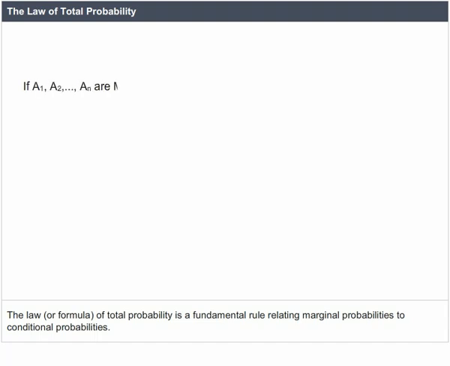The law of total probability. If A1, A2, etc. An are mutually exclusive events, then the law or formula of total probability is a fundamental rule relating marginal probabilities to conditional probabilities.